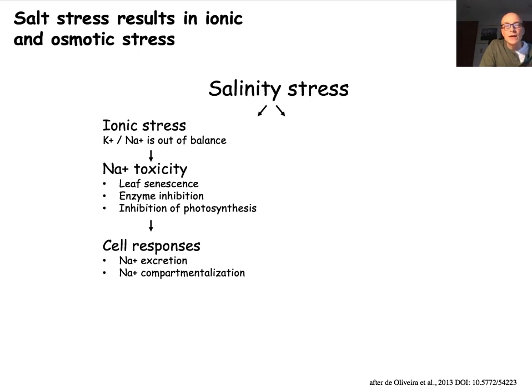These plant enzymes are sensitive to too much sodium because it inhibits their function. One example is that photosynthesis is inhibited. Of course, photosynthesis relies on a number of enzymes, and if they are inhibited, then photosynthesis doesn't work properly. The plants no longer produce the energy that they need for their metabolism, and wilting occurs, and the plant dies.